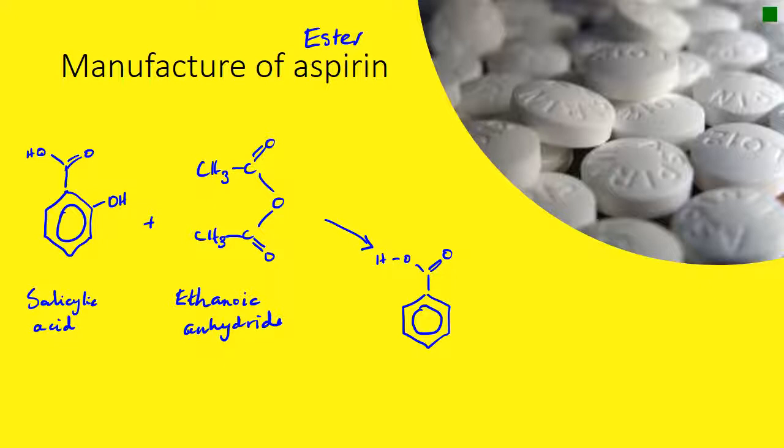But the hydroxyl group has changed into an ester link, and then we've got the rest of our nucleophile, which is drawn out as such, and our secondary product is the acid, as usual, ethanoic acid in this case. So let's draw our ethanoic acid. That's our ethanoic acid. Why don't we just go ahead and name this, this is our aspirin, and this is our ethanoic acid.